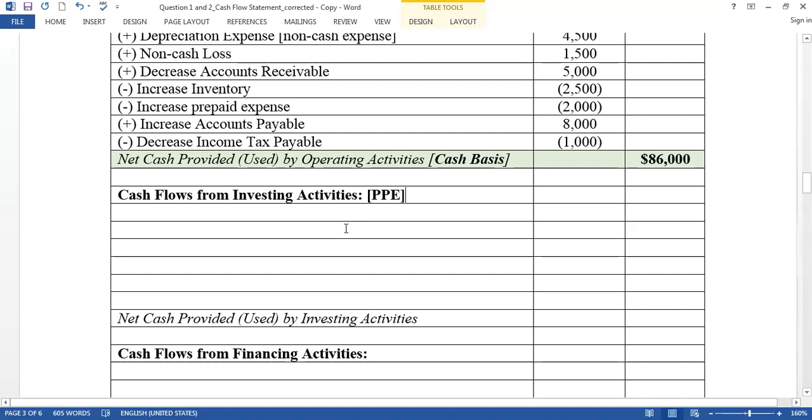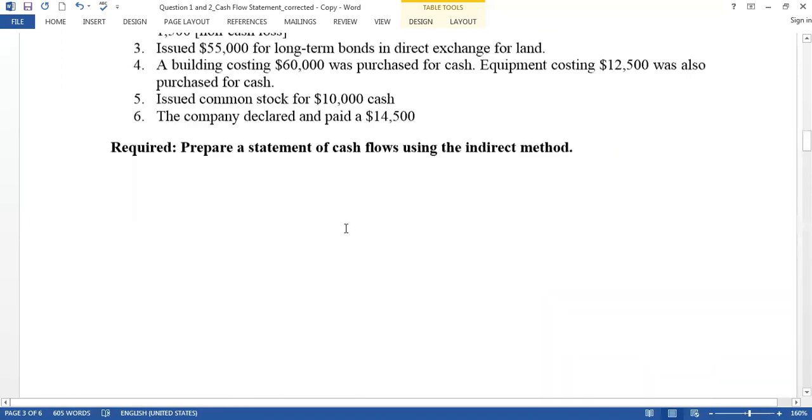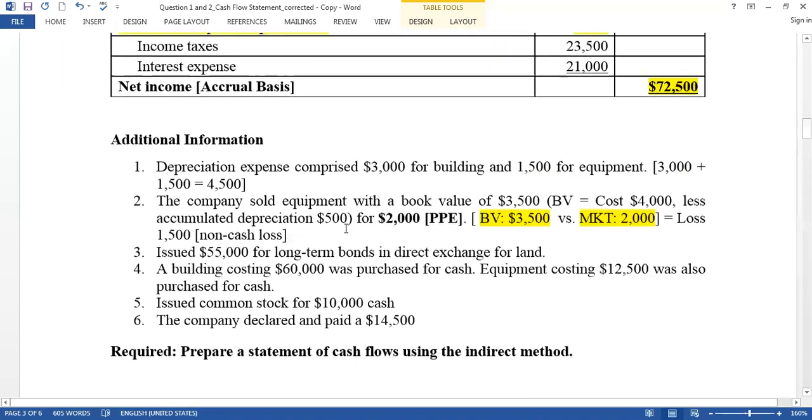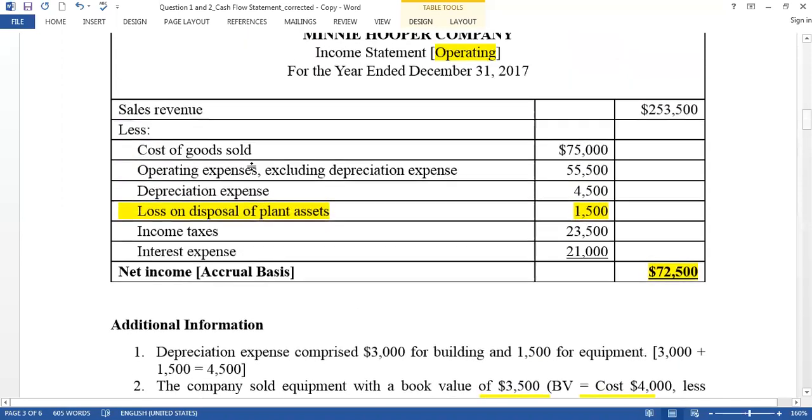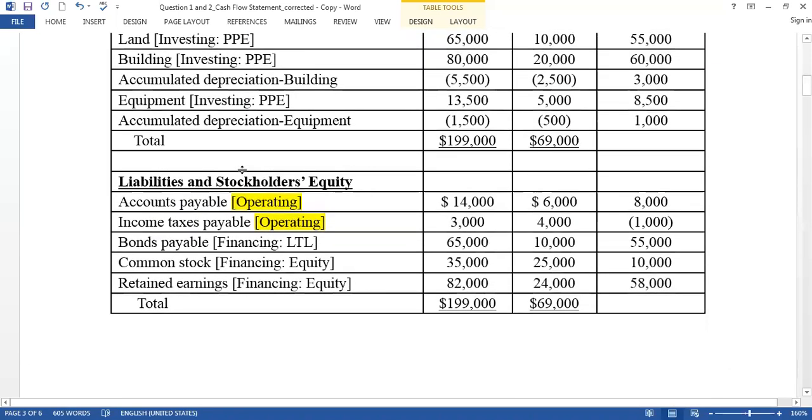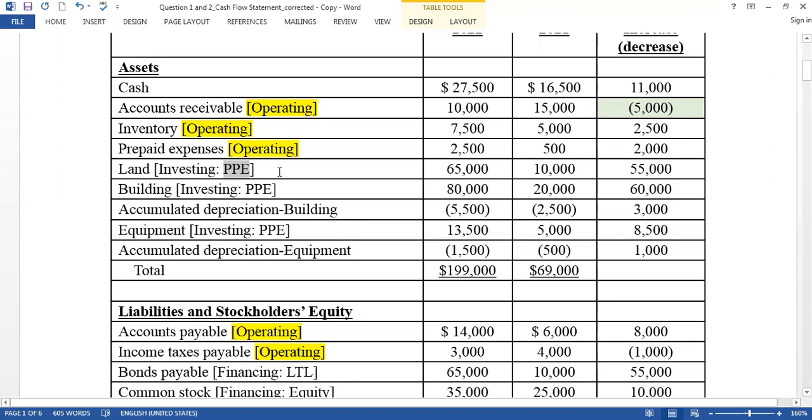Now we are going to see from our question. The question said that property, plant, and equipment, this one, land, increased $55,000. Right? So what is the meaning? The meaning is land increased, right?